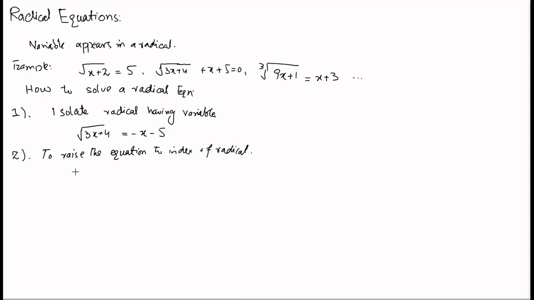If the radical is a cube root, then we take the cube of the equation, and so on. So if we have an nth root, we have to raise it to the n power.